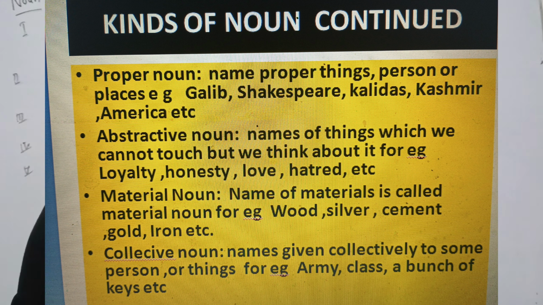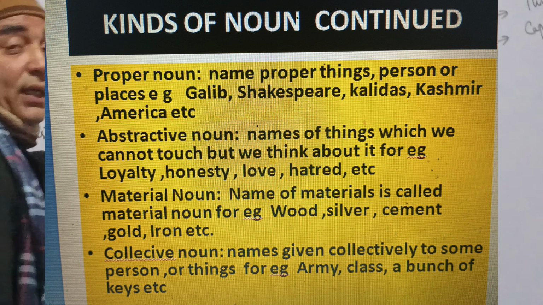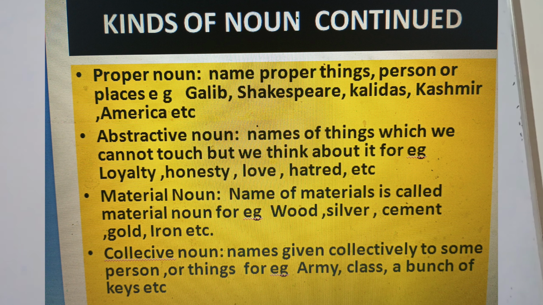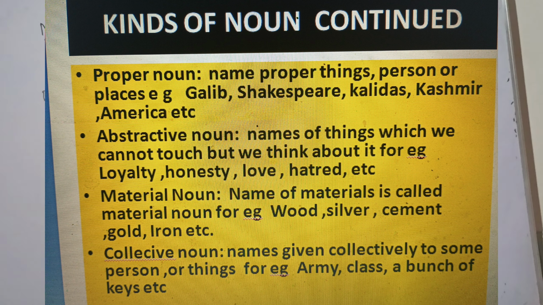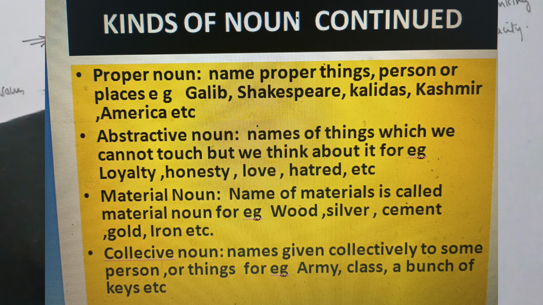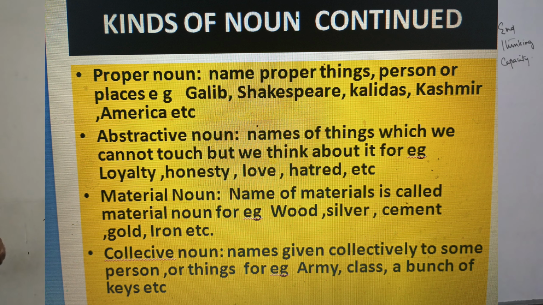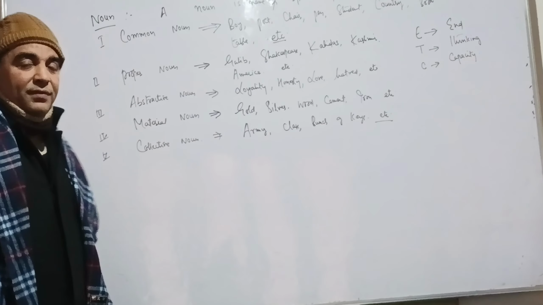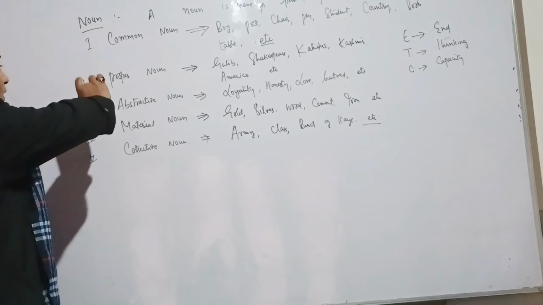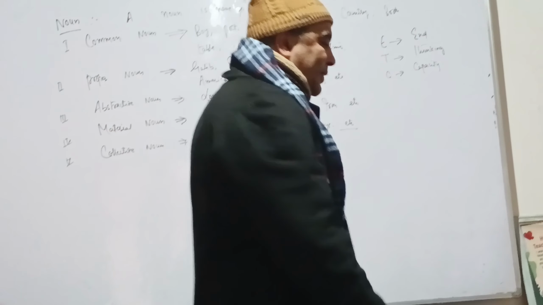Then you have class, that is collective, and then you have bunch of keys. This is the collective noun. And this was the first part of speech which we have discussed.